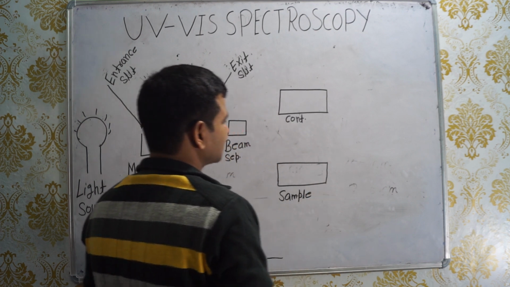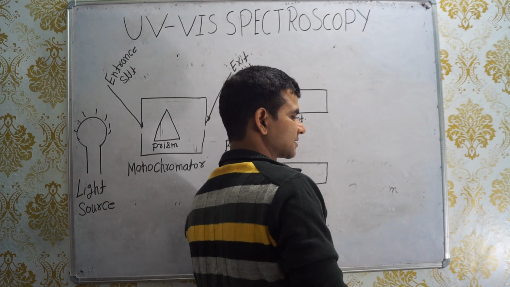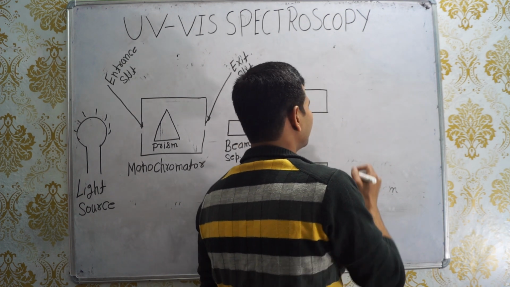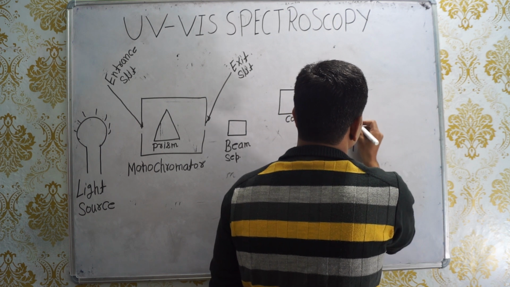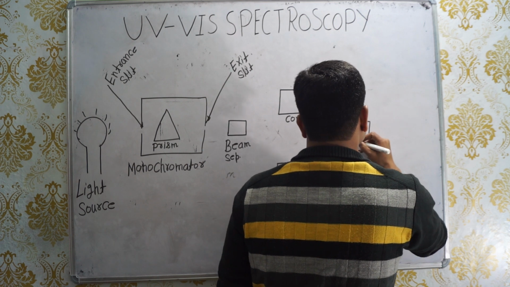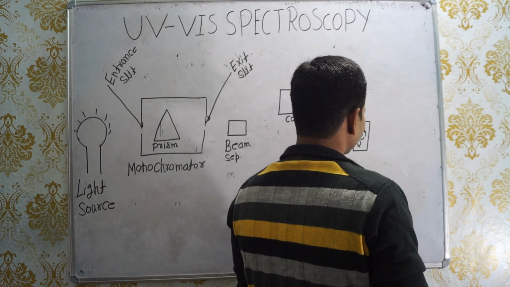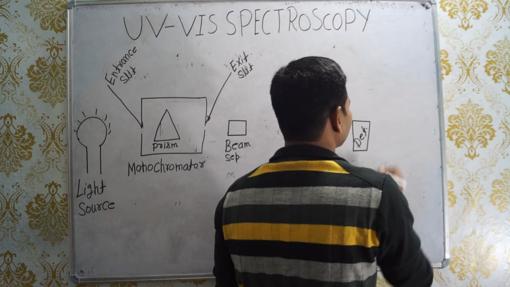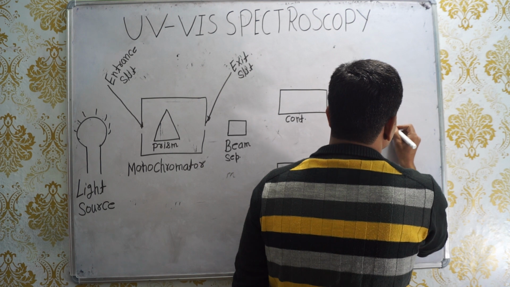Just ahead of the control chamber and sample chamber there would be presence of a detector. This is the detector. And just next to the detector there would be presence of a recorder.